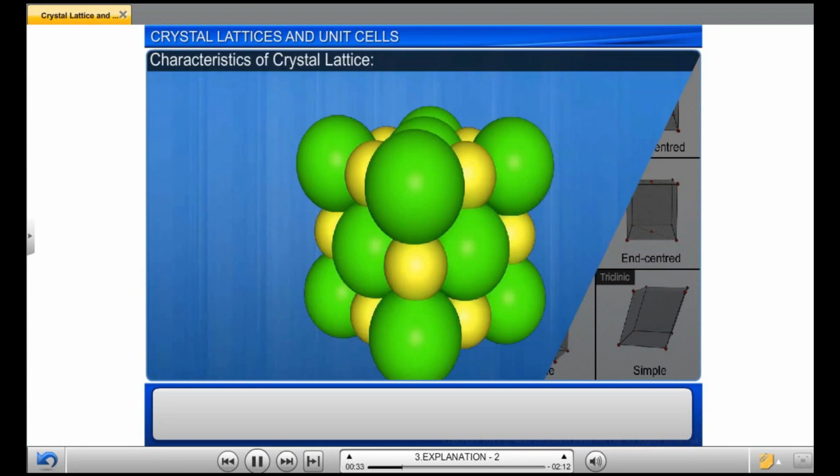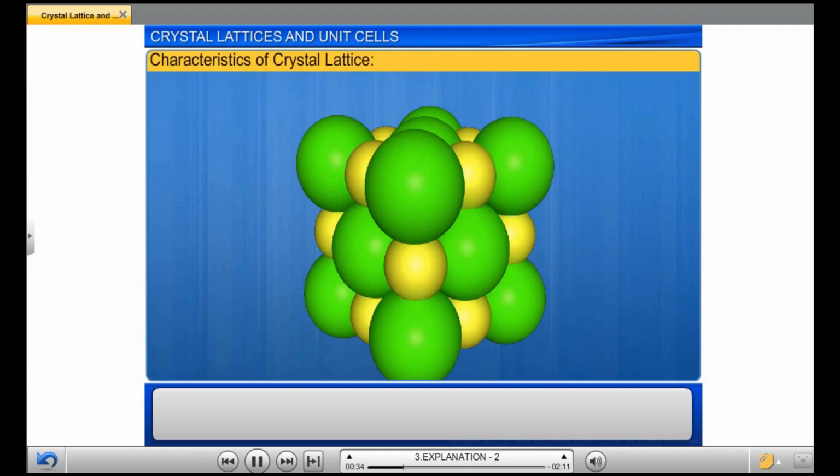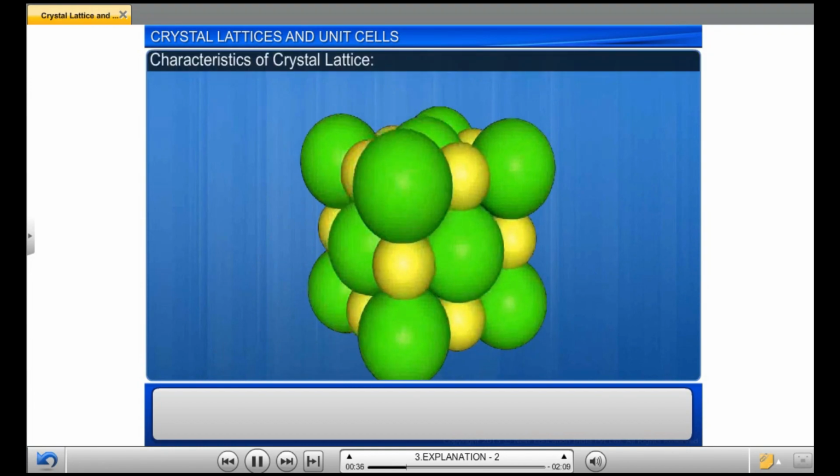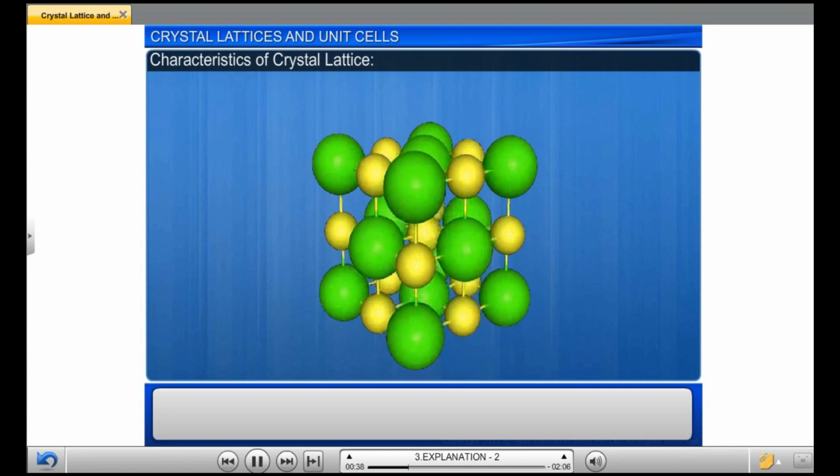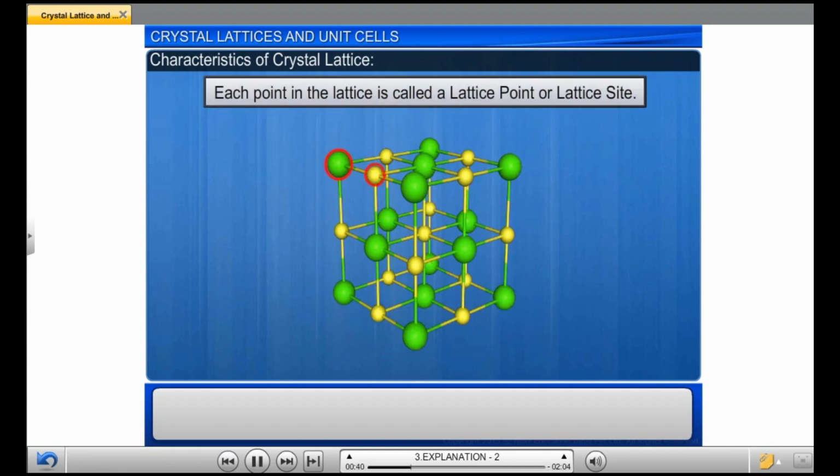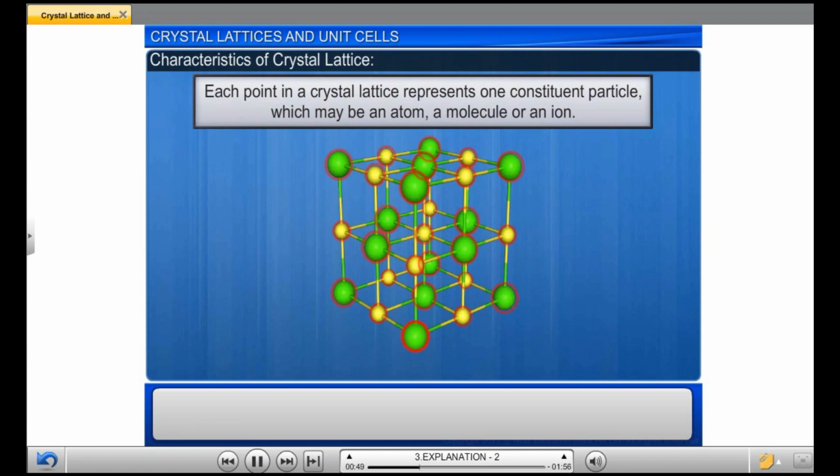Now let's look at the characteristics of a crystal lattice. Each point in a lattice is called a lattice point or lattice site. Each point in a crystal lattice represents one constituent particle, which may be an atom, a molecule, or an ion.